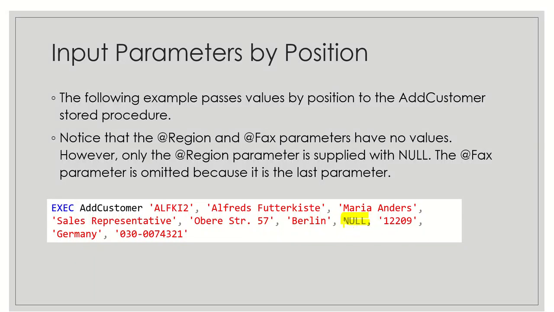If you didn't specify null for region, then the next one, which is the postal code, would have been assigned to region. And then this one would have been assigned to postal code, and it would have shifted everything out of position. So when there are a lot of parameters, or when you have optional parameters, usually it's better to pass them by name.